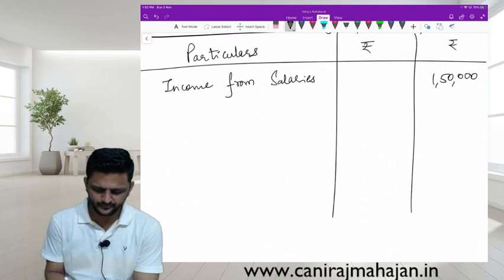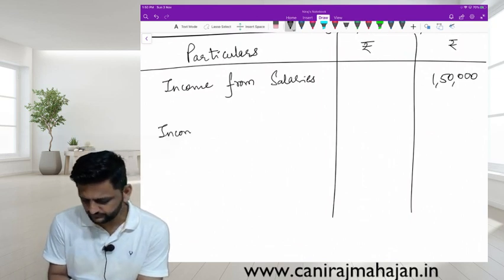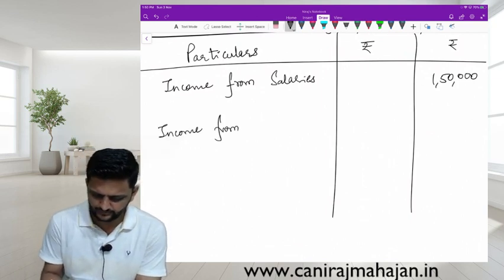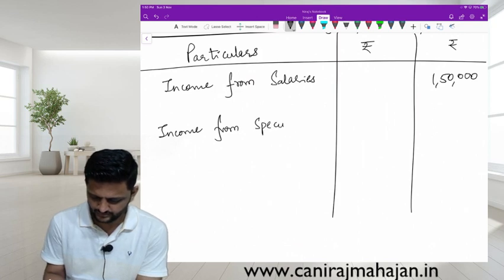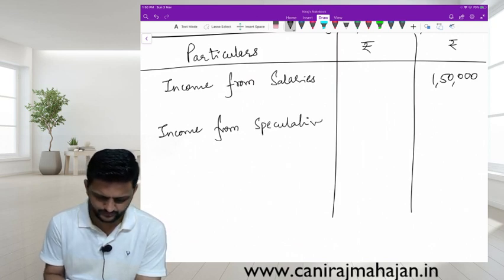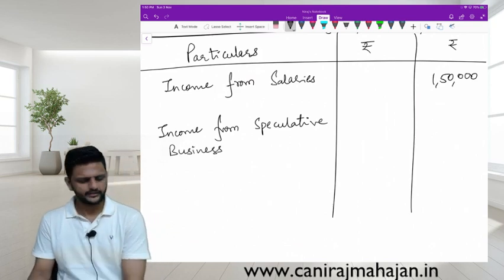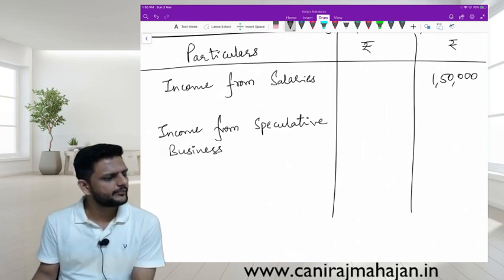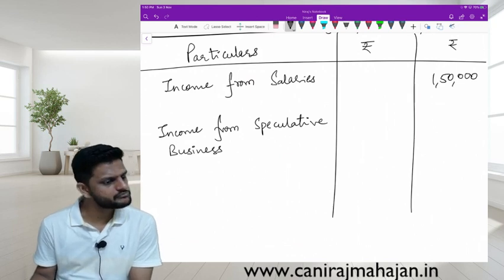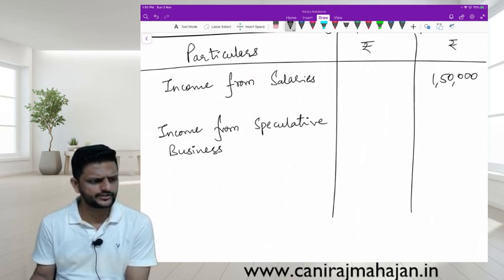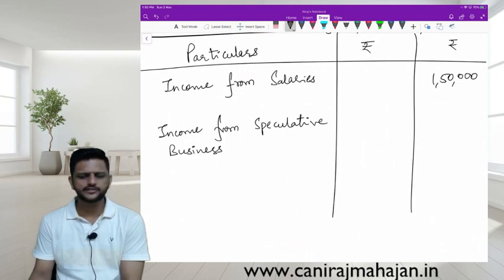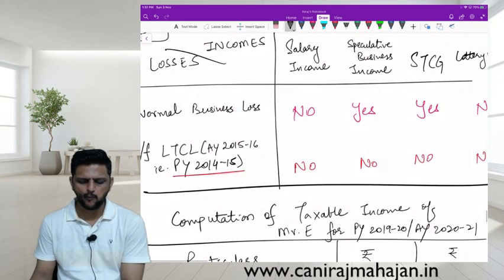Second one is what income? Income from speculative business, correct? How much? 60,000. Can we adjust something from it? That we have to check again in the table.